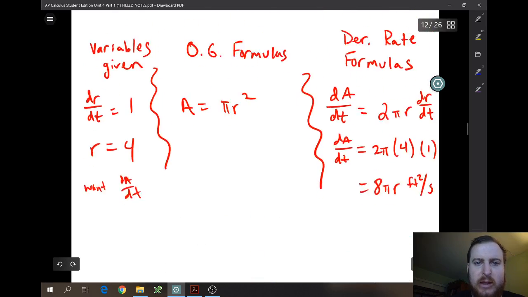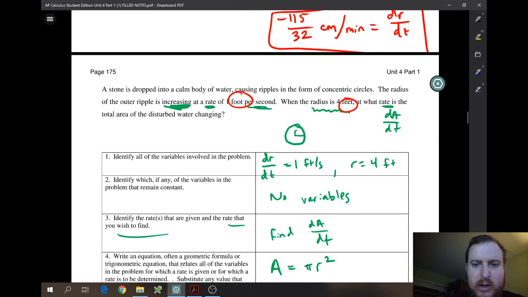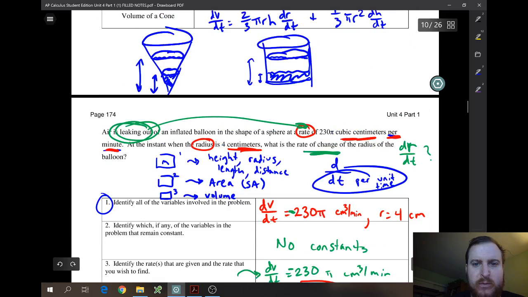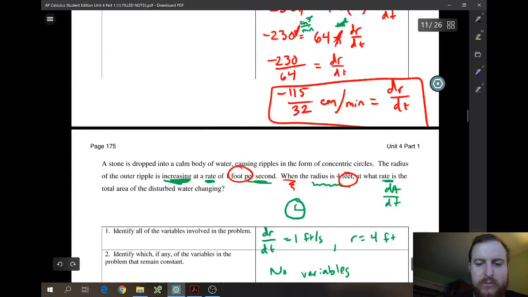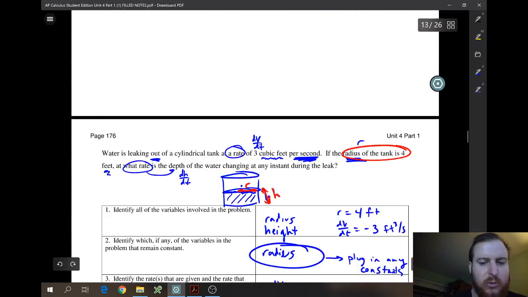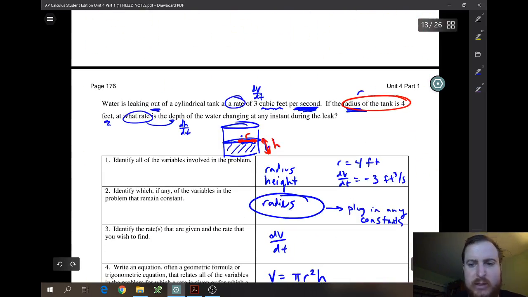It's not like in the question we did yesterday, which said when the radius is 4. So that's a hint that it's changing. And up here it said at the instant when the radius is 4. That's a hint that it's changing. Whereas this one didn't use the word when. It just said if the radius is. That's a little bit of a hint that it might not be changing.